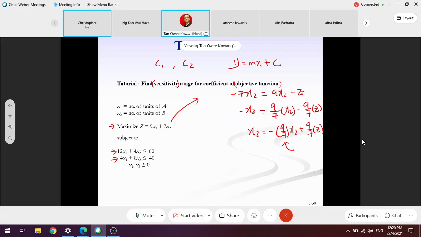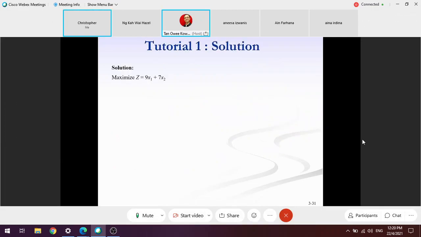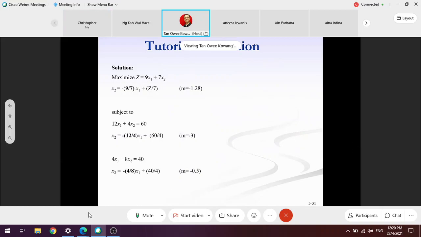So I will not do the constraint line, but it's in the answer scheme. So if you convert the constraint line correctly, you should get the gradient for constraint 1 and the gradient for constraint 2. My advice to you is don't simplify. Don't simplify the gradient, right?